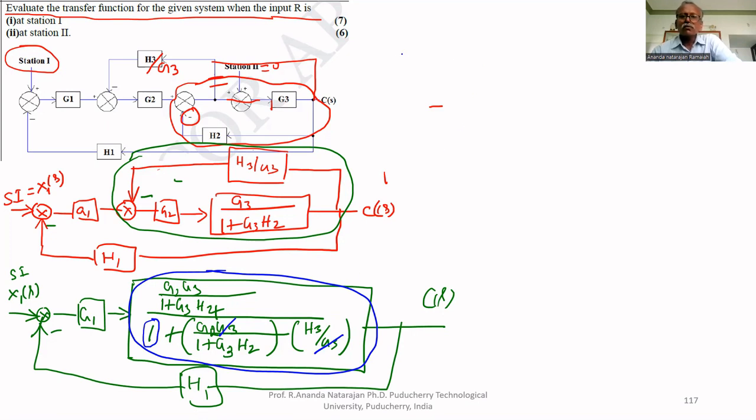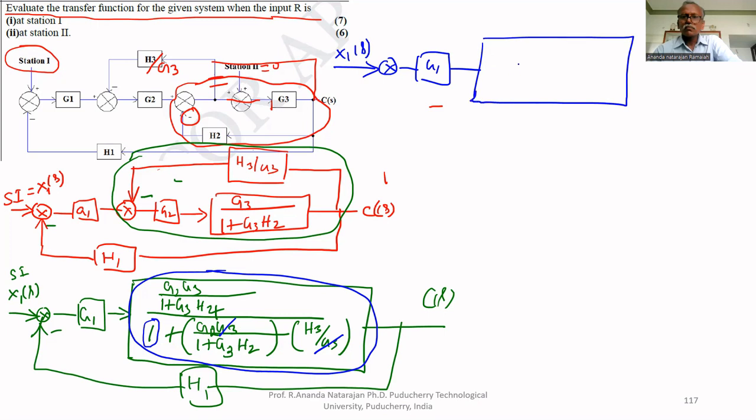So what you are getting is X1 of S, G1, G2, G3 divided by, in place of 1, this denominator will come.